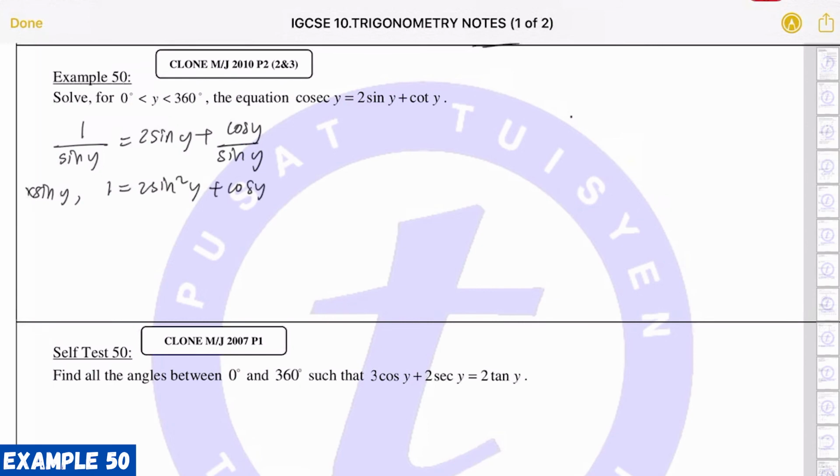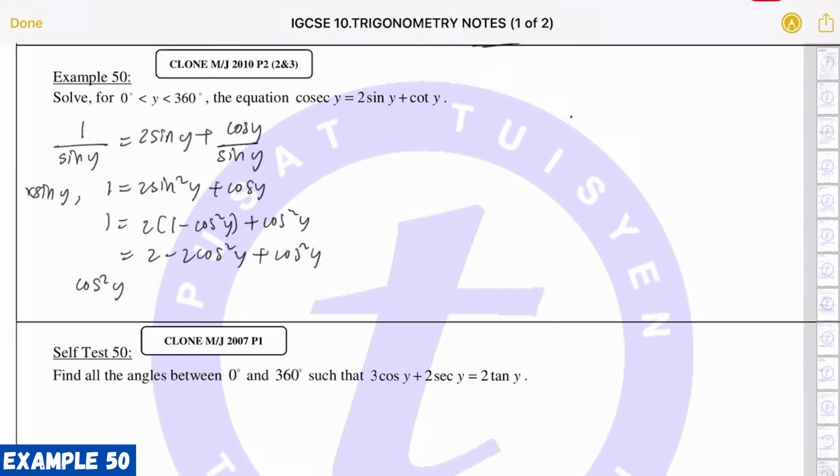Now again, you have a problem. We have an equation involving sine square. So what do we do? We change this to 1 minus cos square, right? So next, we multiply inside 2 minus 2 cos square y plus cos square y. So this is going to be negative, right? Negative cos square y. So I transfer over, I get positive cos square y.